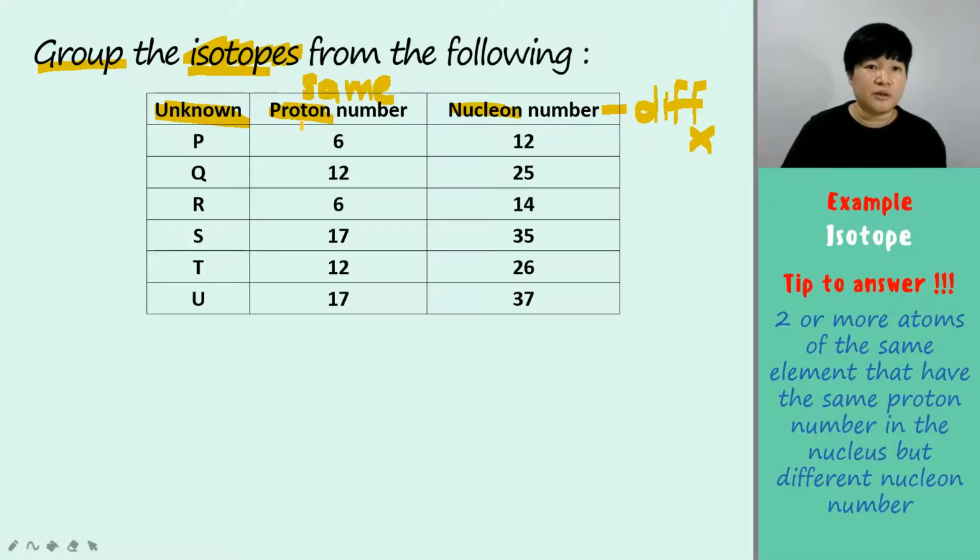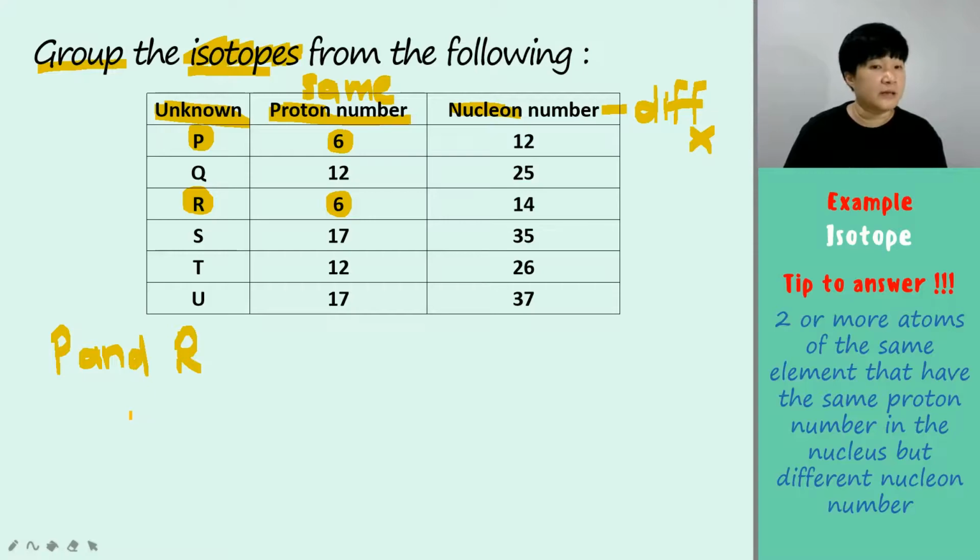But we can use the proton number because the proton number must be the same. So first and foremost, I have unknown P over here having proton number 6. Look at it. I have unknown R also having the same proton number. In other words, your P and R are isotopes to each other.